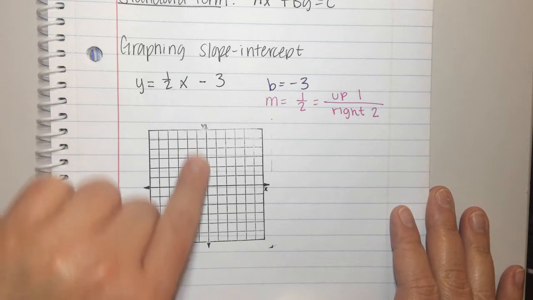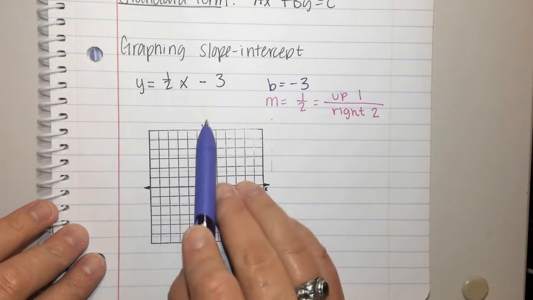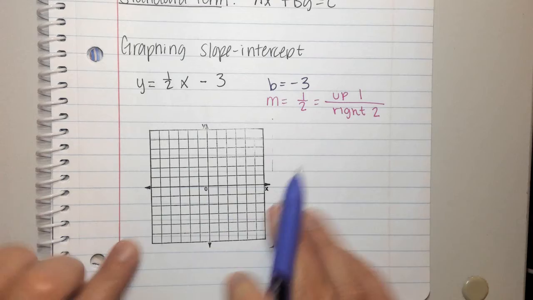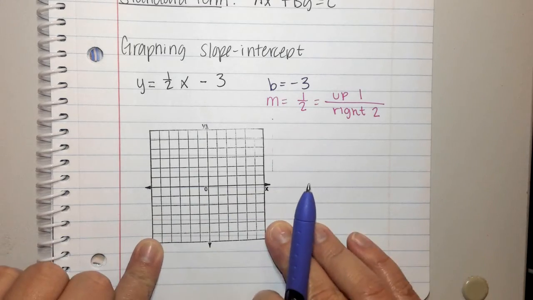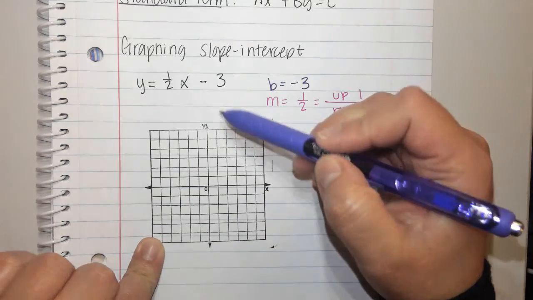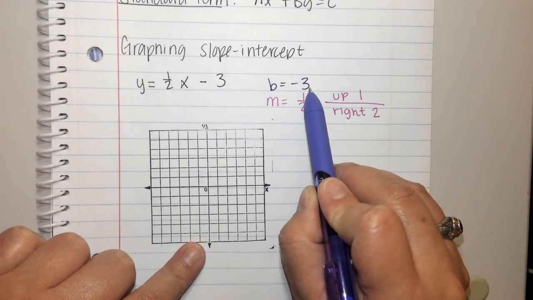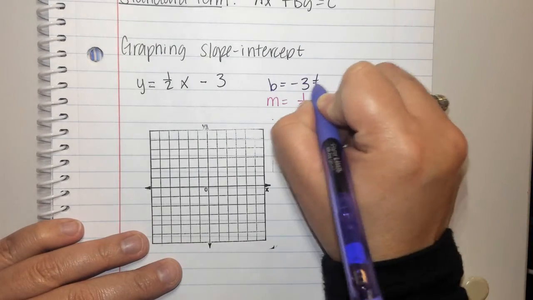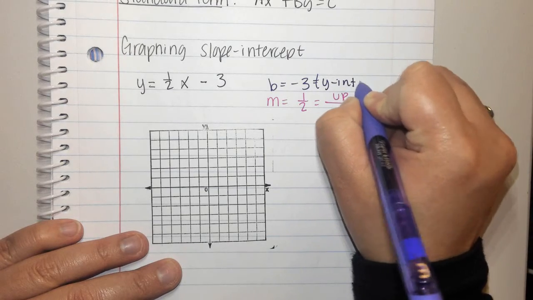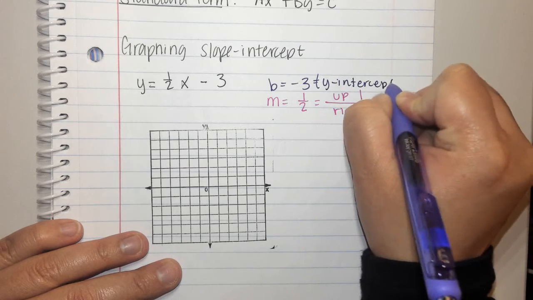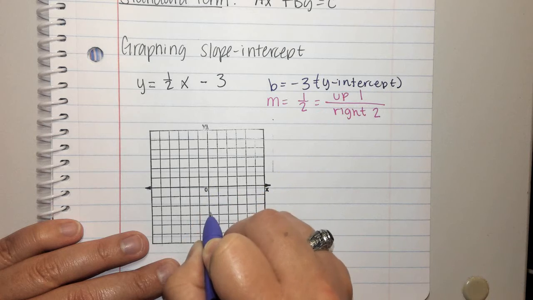Okay, so here's my y-axis, right here. It's a little crooked, but it's because I accidentally made the graph a little crooked. But here's my y-axis, and we're going to start at -3. So this -3 is your y-intercept. So -3, and that's down here.